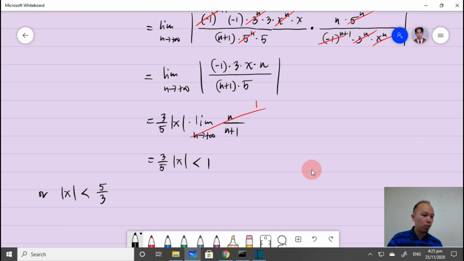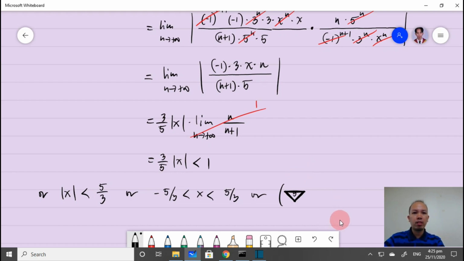Okay, or if you further simplify, this will become this form by the definition of the absolute value, 5 over 3. Okay, or using interval notation we have negative 5 over 3. Sorry, so 5 over 3 is the interval here.